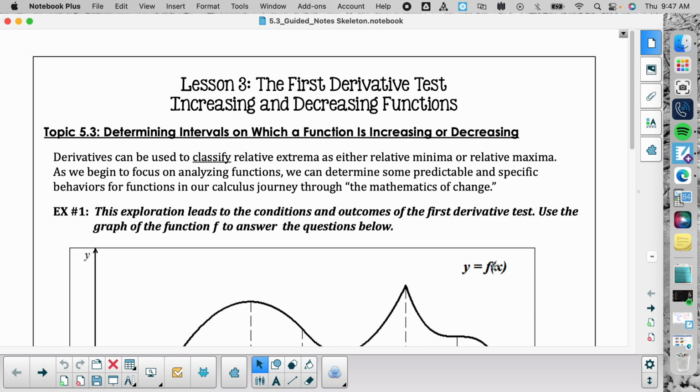That's the method we have to use to find a relative max. You figure out when your graph is decreasing and then increasing, that's going to be a relative min.